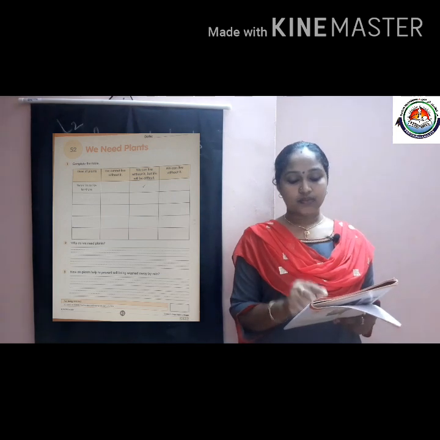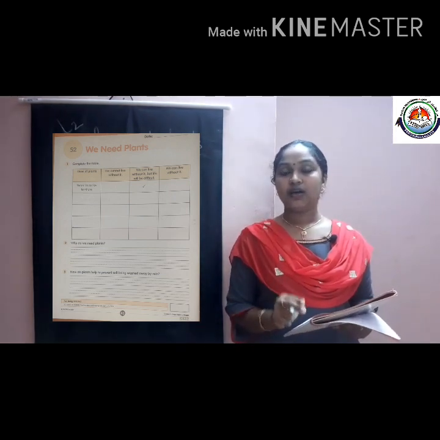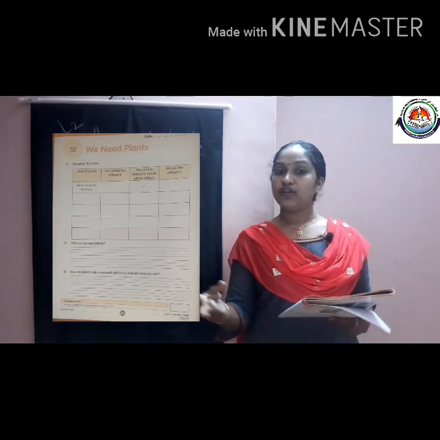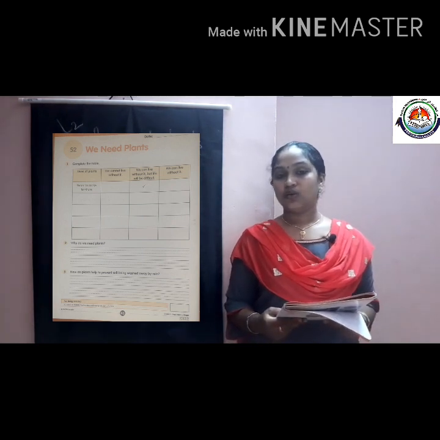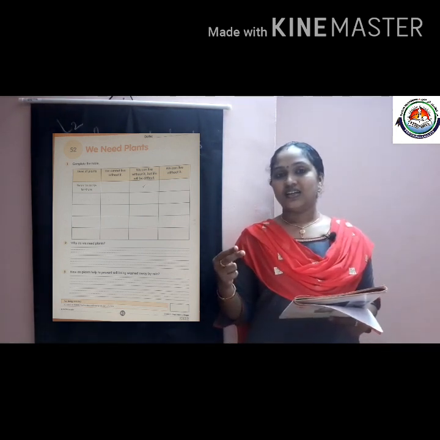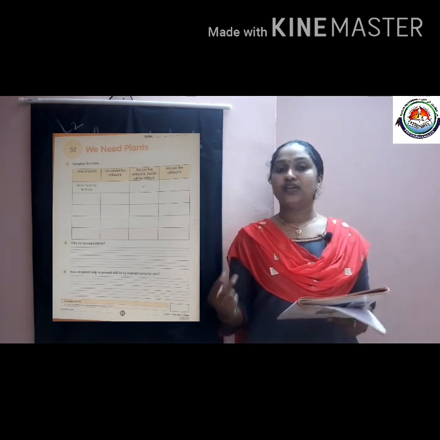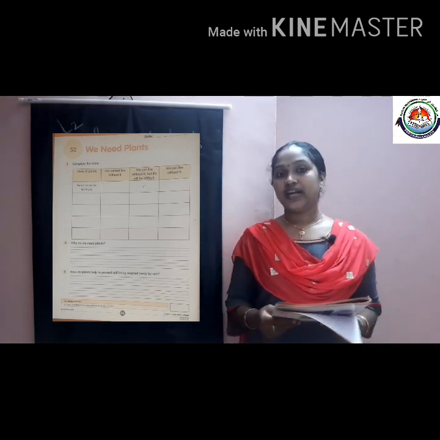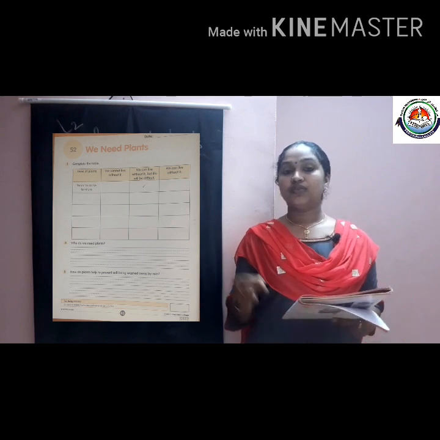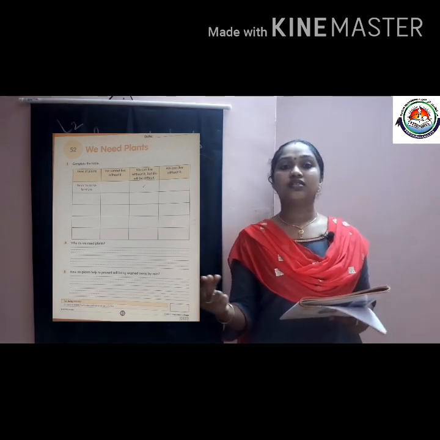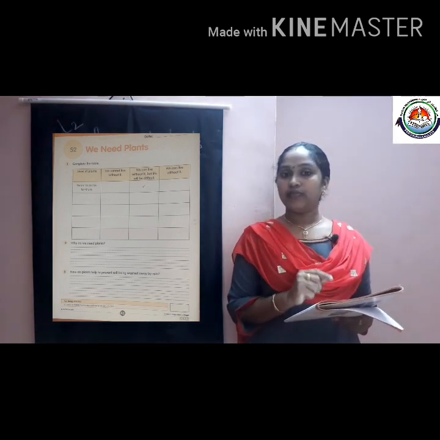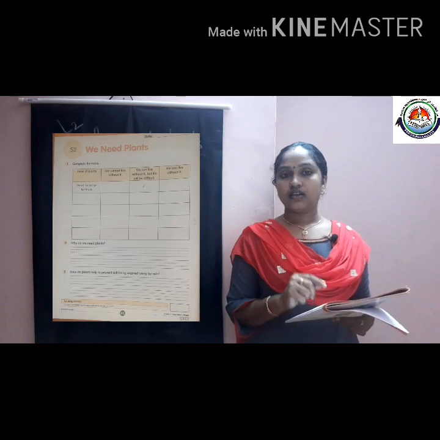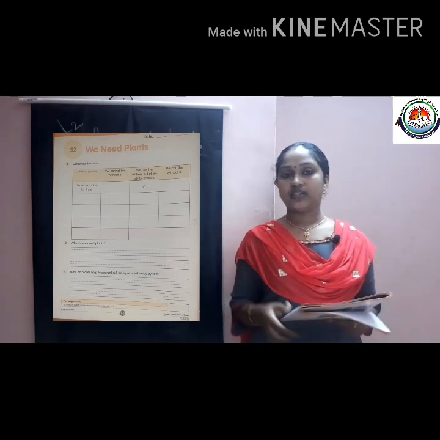In the second column, we can live without furniture, but the life will be very difficult, because we are using furniture in our day-to-day life, which is making our work much easier. Likewise, you write the various uses of plants and you can tick in the respective columns.